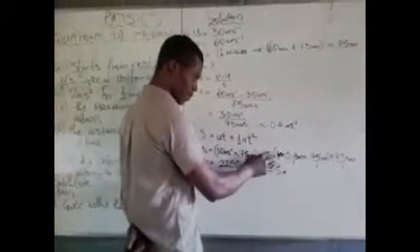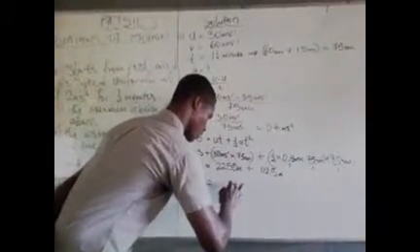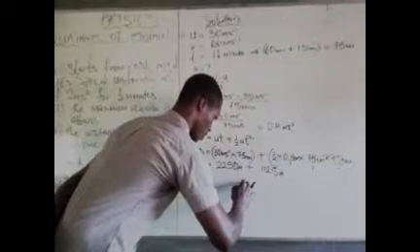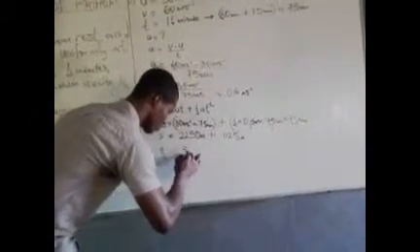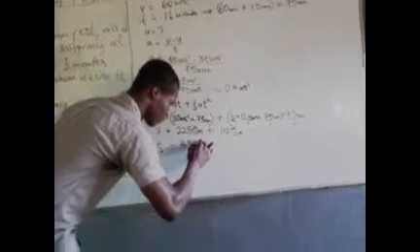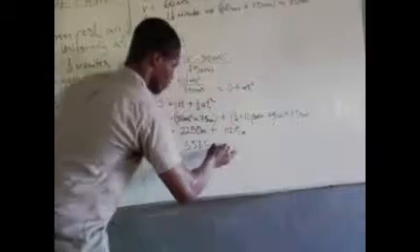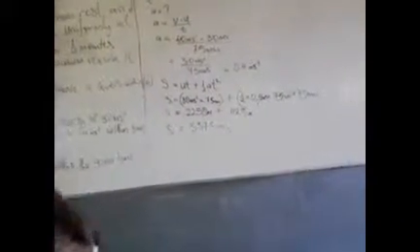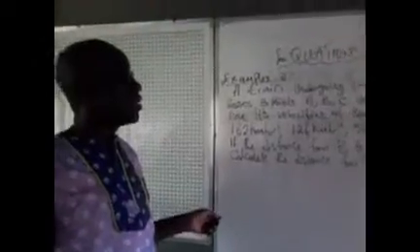We multiply everything: half times 0.4 meter per second squared times 75 seconds times 75. And that gives me 3375 meters. That's the distance covered within the time. Okay, so that one is okay. Then we are now moving to example 3.